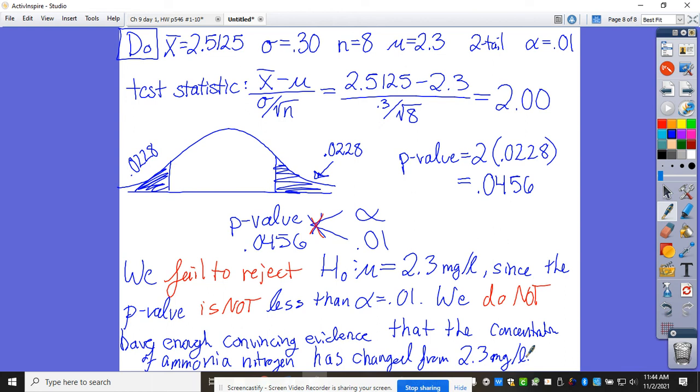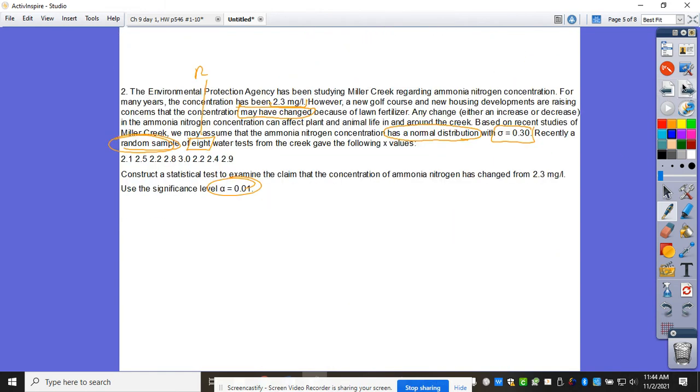So that's the way I'm going to do it. So we've got 2.1, 2.5, 2.2, 2.83, 2.2, 2.4, 2.9.